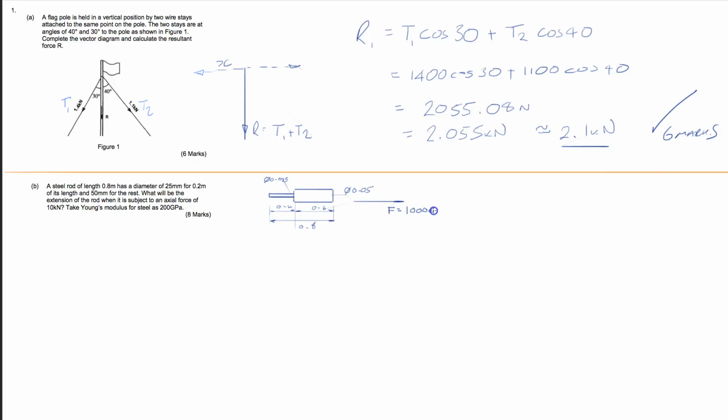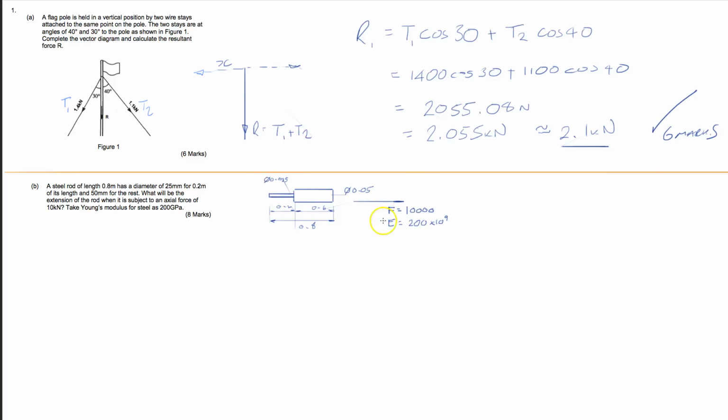I like to get into the habit of writing it down longhand straight away so you don't make any mistakes. Young's modulus, which we know is E, is equal to 200 gigapascals, so 200 times 10 to the 9. If you just write 200, you will make a mistake and just calculate with 200. So it's gigapascals, 200 times 10 to the 9.